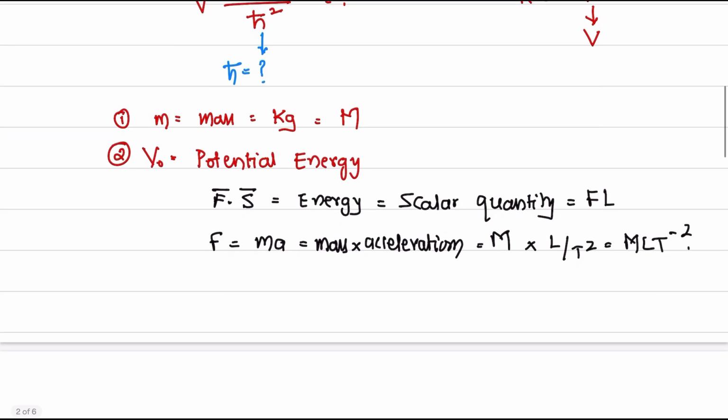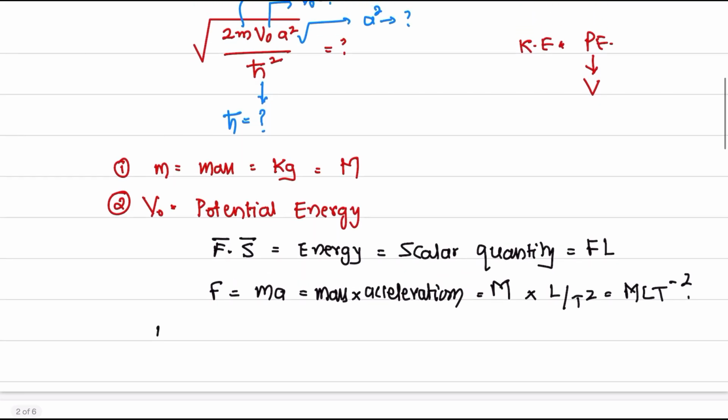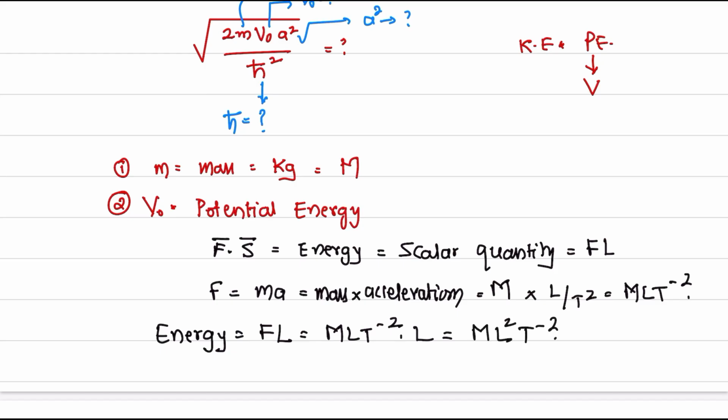Then what is the energy? Energy is equal to FL, that is equal to M L T to the power of minus 2 into L. That means M L square T to the power of minus 2. That is the potential energy dimensions.